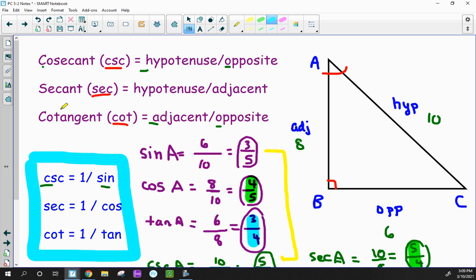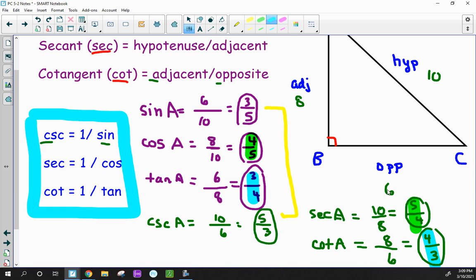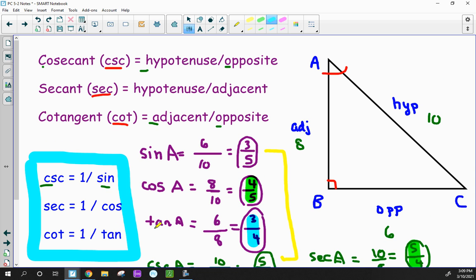SOHCAHTOA, cosecant is the inverse of sine. Secant is the inverse of cosine. Cotangent is the inverse of tangent. You will answer these types of questions again when they ask you about basic trig ratios. And remember, ratio just means fraction, so they're wanting you to compare sides.